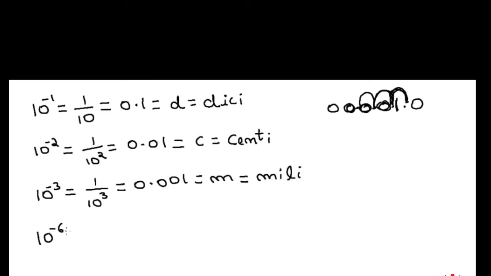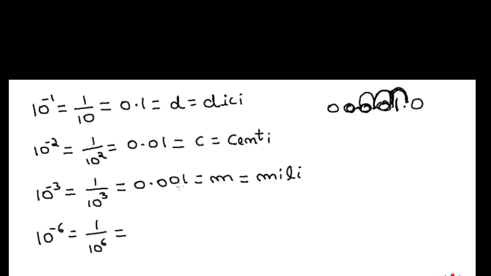Fourth one, 10 to the power of minus 6. It is 1 divided by 10 to the power of 6. So let us break down here. If it is 10 to the power of minus 1, there is 1 zero before 1. The decimal point is immediately after the first zero. Of course, there is only one zero, it is 0.1. Next, 10 to the power of minus 2, there are 2 zeros before 1. The decimal point is written after the first zero.